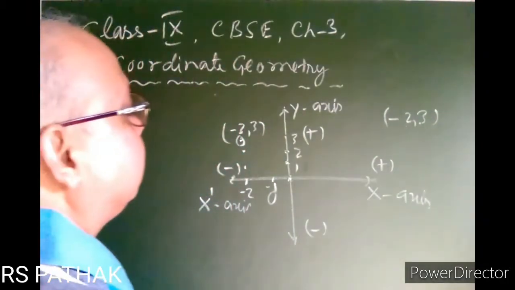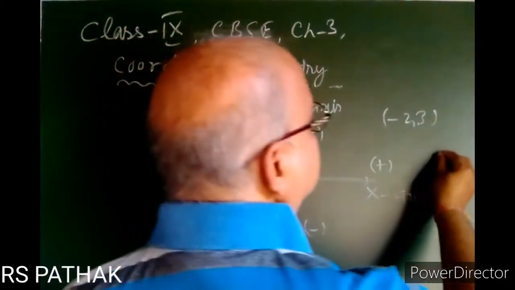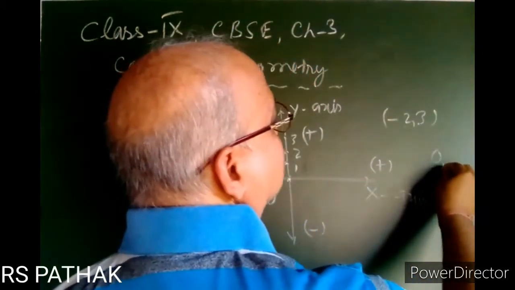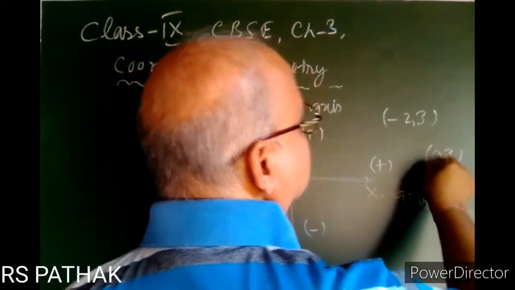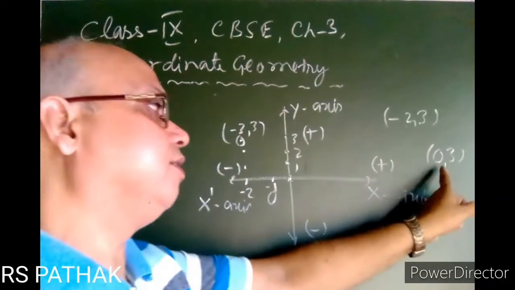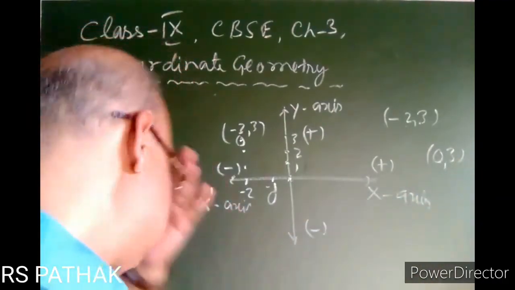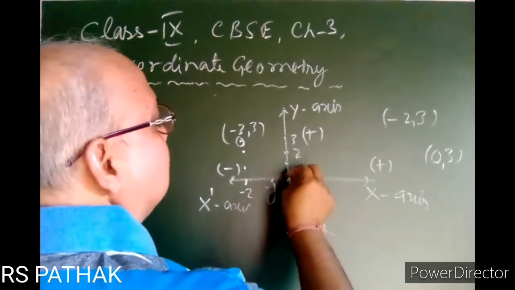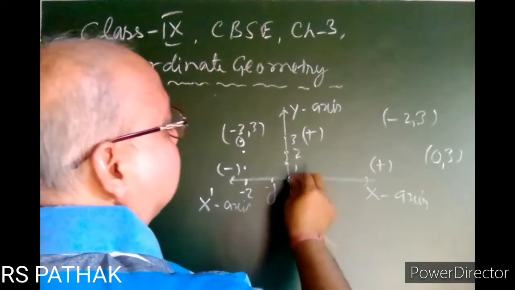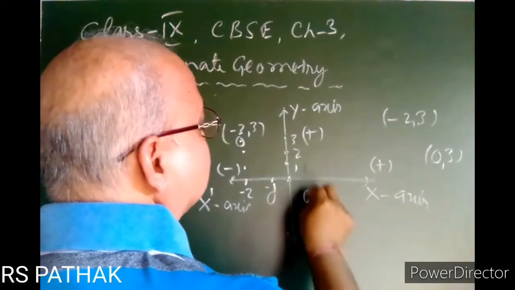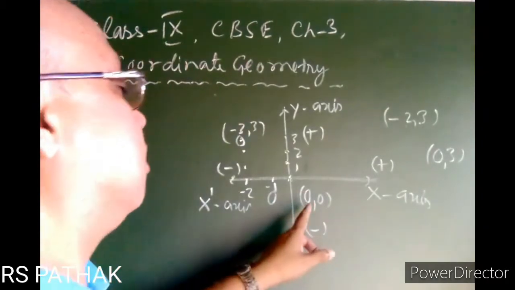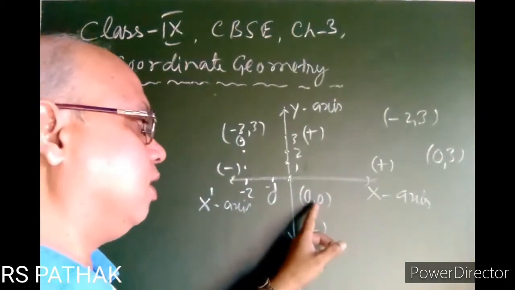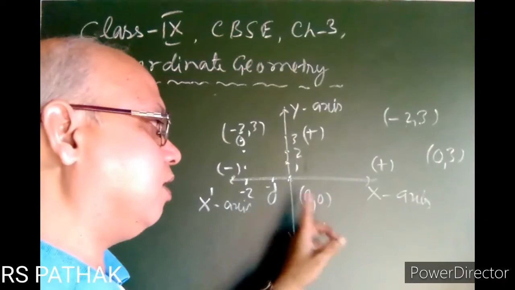Now let us suppose you have to locate the point (0, 3). (0, 3) means x is 0 and y is 3. You will start from the origin O. The coordinate of the origin O is (0, 0), meaning x is 0 and y is 0.